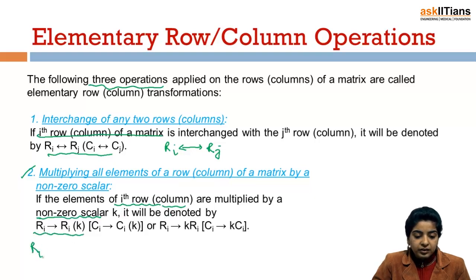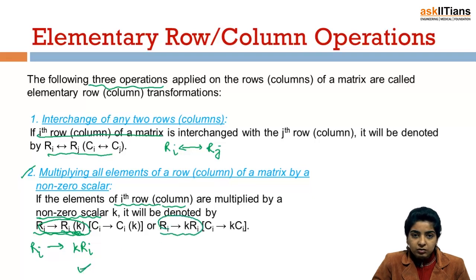So this property says Ri means ith row, then I write down this arrow, Ri becomes, or we say Ri tends to k times Ri, where k is a non-zero scalar, or you can write Ri tends to Ri into k. So you can write it either way.